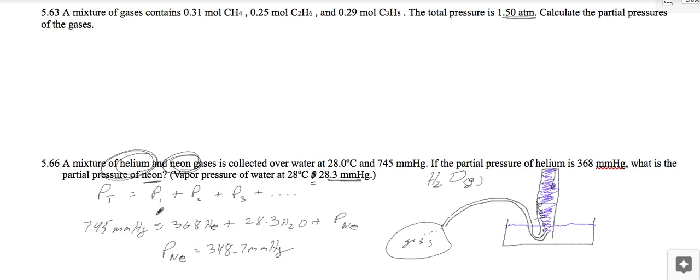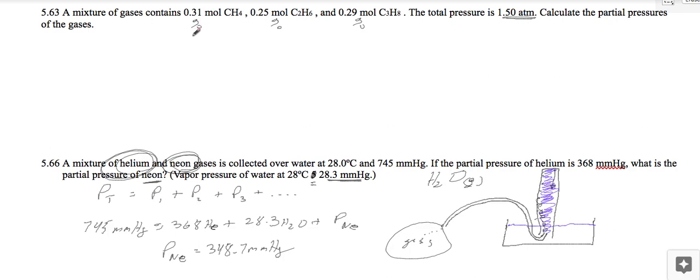But there's an easier way. If we can figure out the percentage of this gas that's methane, the percentage that's ethane, and the percentage that's propane, we can just take that percentage and multiply it by the total pressure.